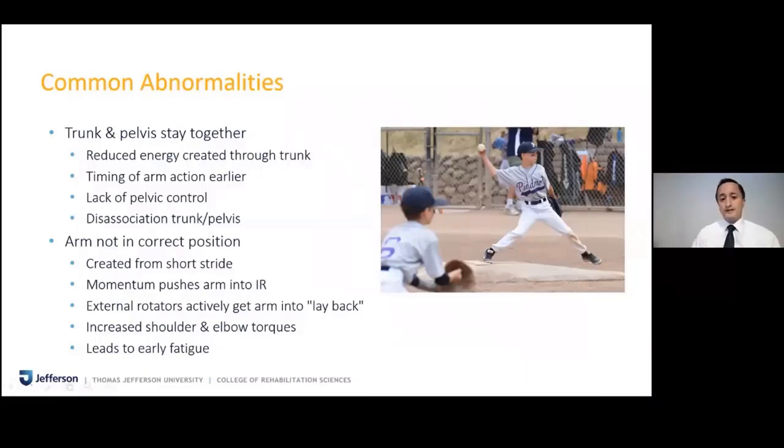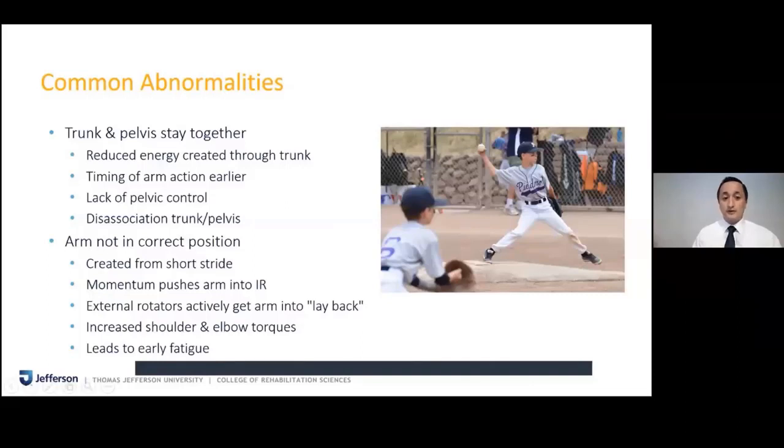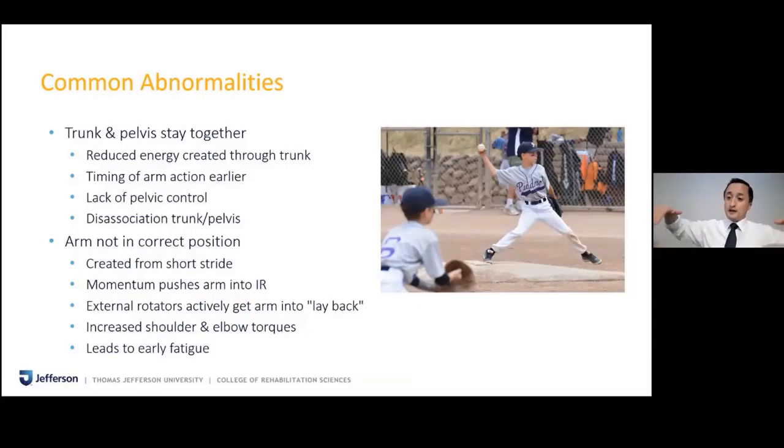The other thing that we see here is, really, the arm is not in the correct position. So when our stride foot contacts and we have that big impact and we get hip trunk separation, right? If we start to rotate the trunk and the arm is down here in internal rotation and not up into 60 to 90 degrees, our trunk's going to rotate still anyway, and now momentum is going to push our arm into internal rotation.